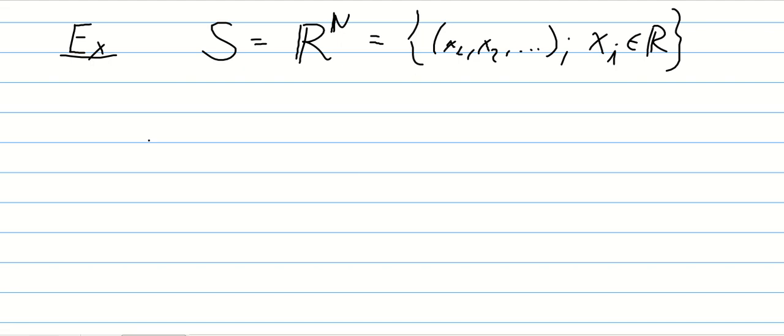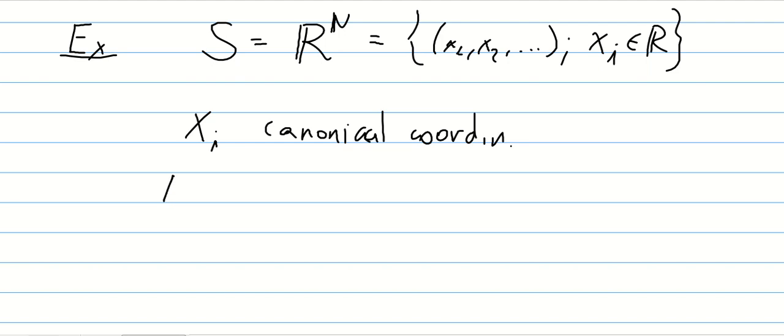Again we have the xi, the canonical coordinates. Not going to define them again, but they just take this sequence and return the ith coordinate.